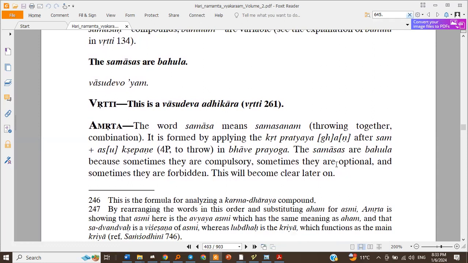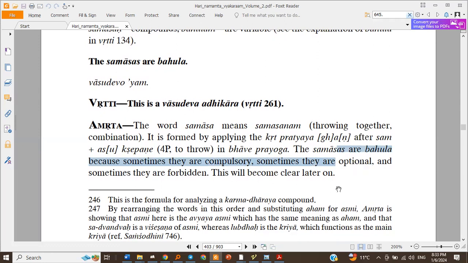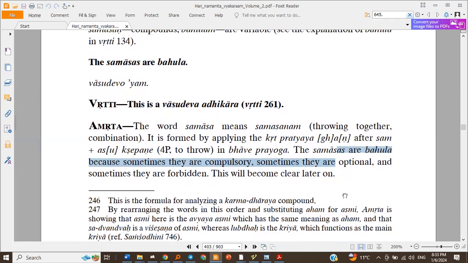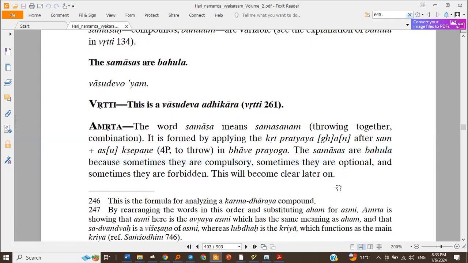The word samasanam is made by applying the prefix sam and then followed by the dhatu asukshepane, from which we get words like astra and so on, in bhave prayoga and ghan. So samasas are bahulam because sometimes they are compulsory, sometimes they are optional, and sometimes they are forbidden. This will become clear later on.